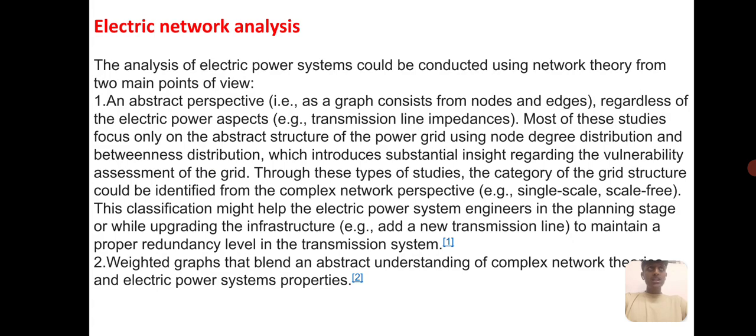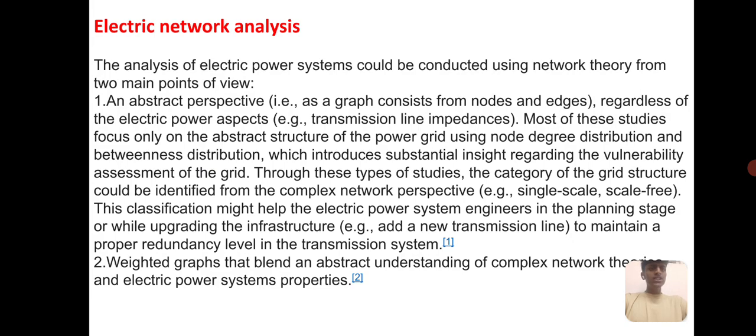The analysis of electric power systems could be conducted using network theory from two main points of view. The first one is an abstraction perspective: a graph consists of nodes and edges regarding the electrical power aspects, for example transmission line impedance.